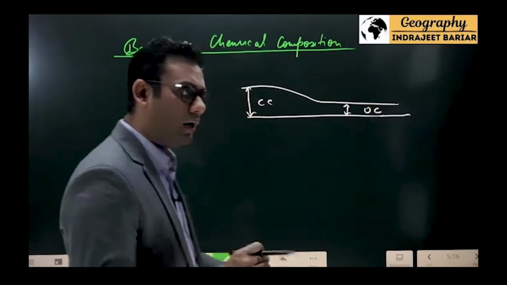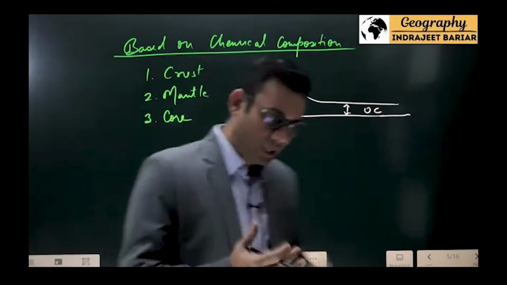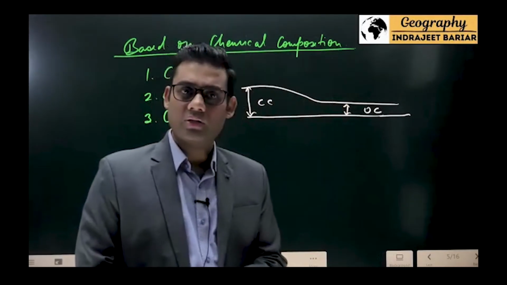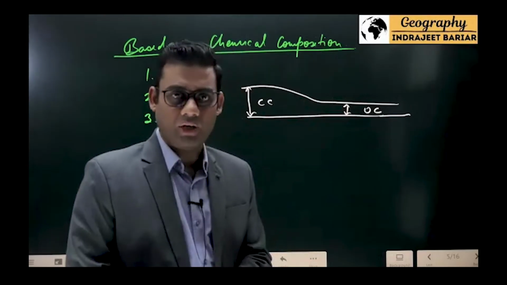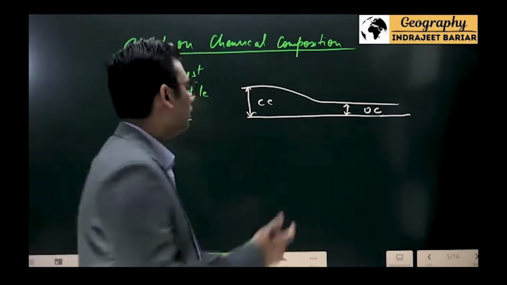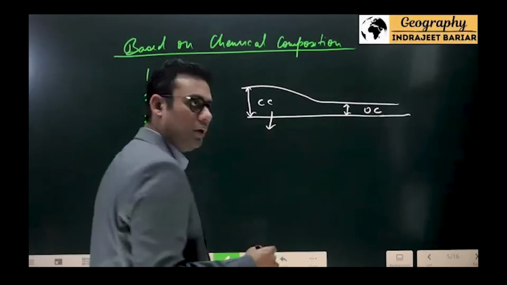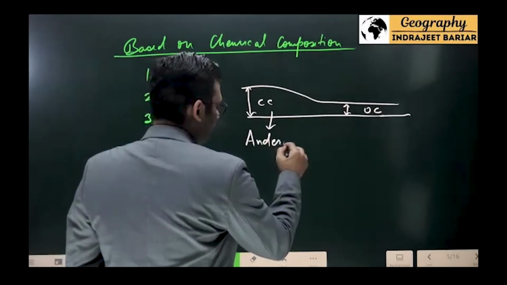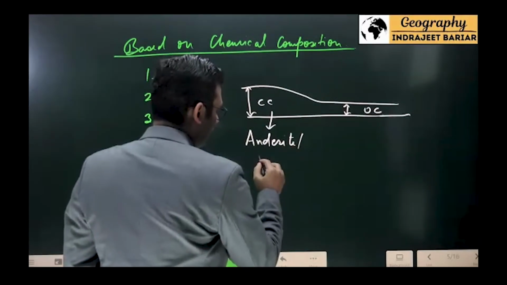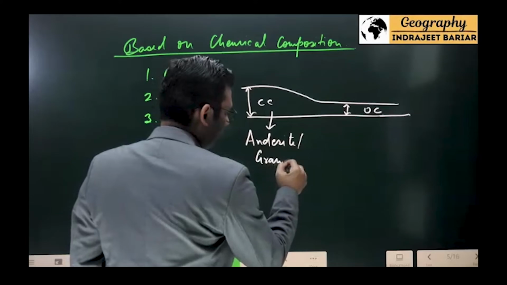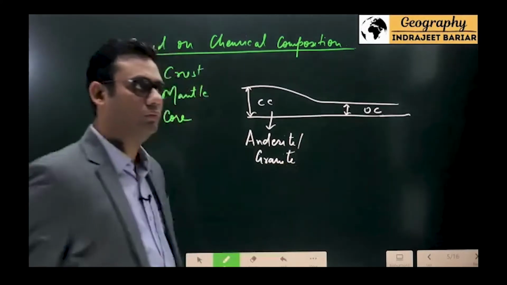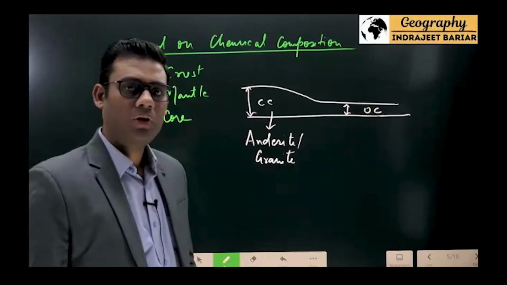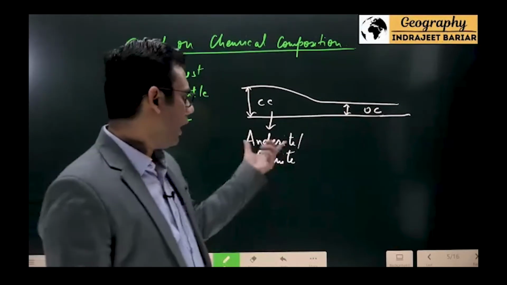In addition to that, the difference also lies chemically, that is, in the minerals and the rocks from which these are made. Continental crust we mainly identify with andesite or granite, more close to andesite.